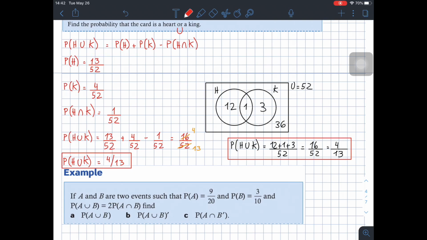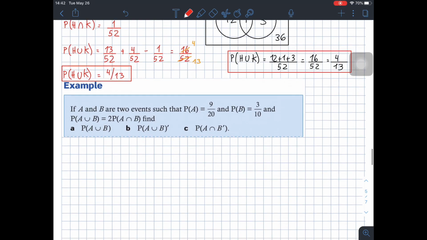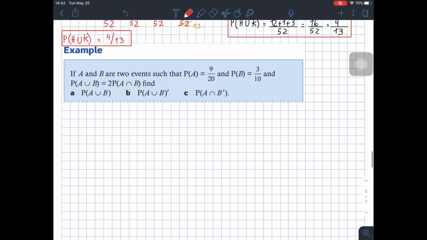Okay, there are some cases in which drawing a Venn diagram becomes much more complicated and it's rather easier to apply the formula. For example, in this example that we're going to see now, it says, if A and B are two events such that the probability of A is 9/20, and the probability of B is 3/10, and the probability of the union is twice the probability of the intersection, then find all of this.